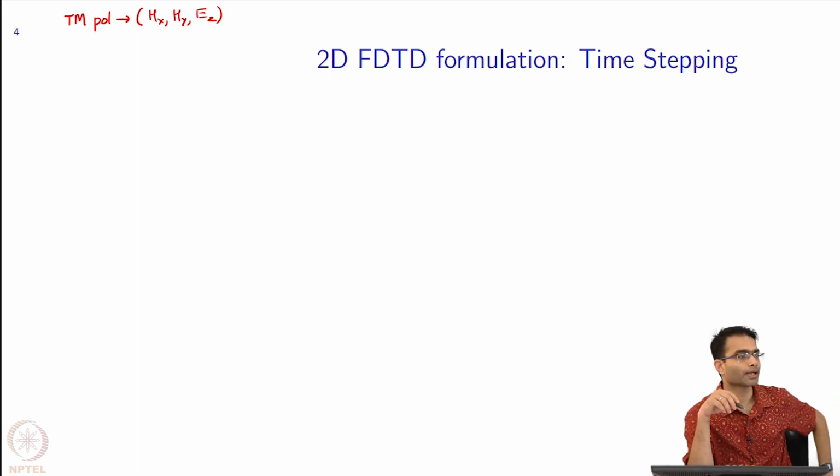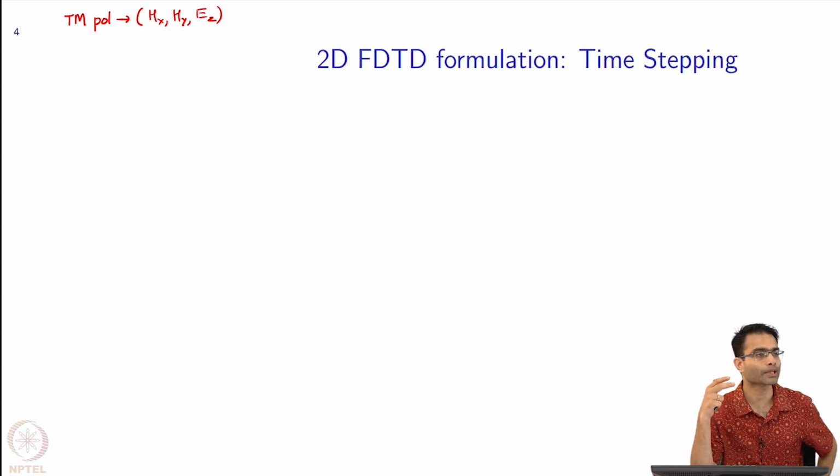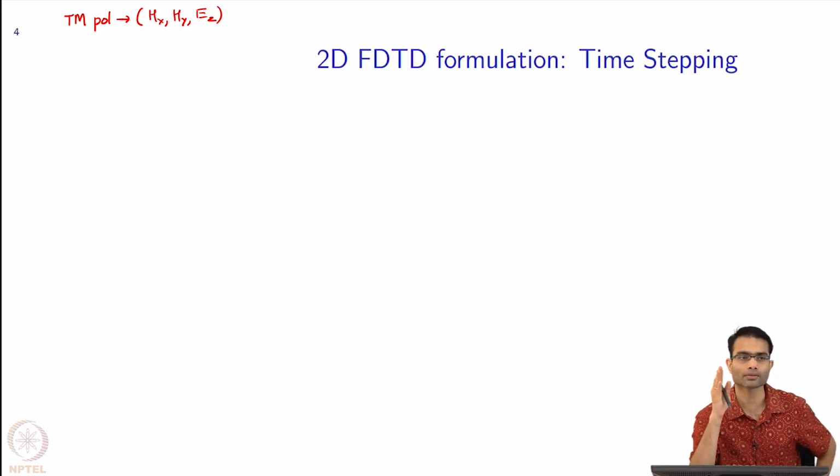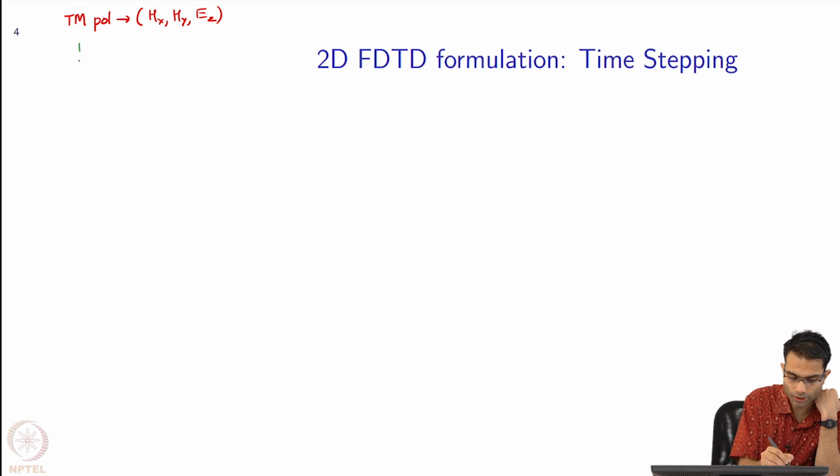So we have seen that the logic has been to stagger all of these three variables by how much? Half a grid. They should not all be at the same point in space, they should be staggered. That was one consideration. Second consideration is we would like to have E at the grid lines, where the grid lines are, so that it is easier to enforce boundary conditions. So with these considerations, the sort of very common choice for the TM stencil is as follows.